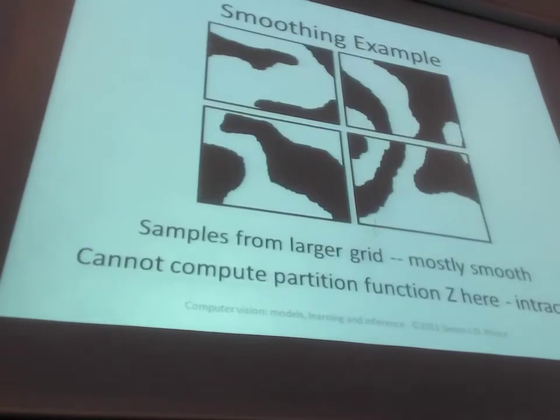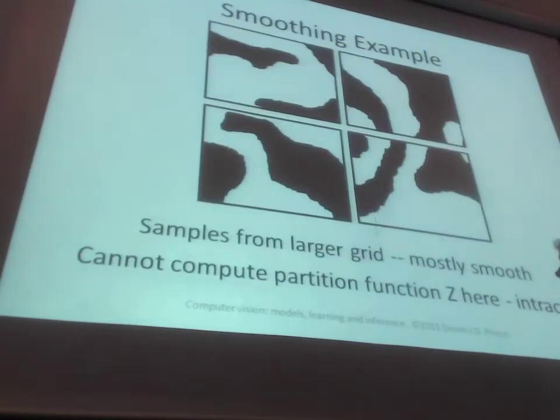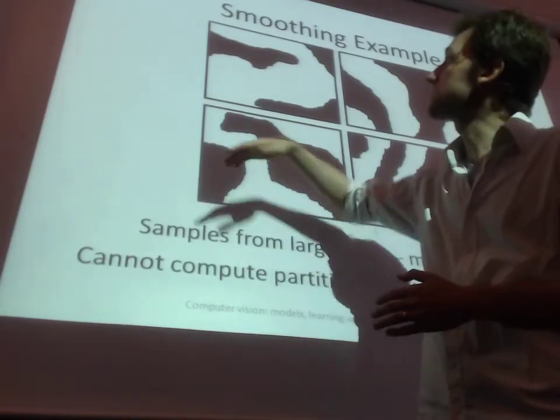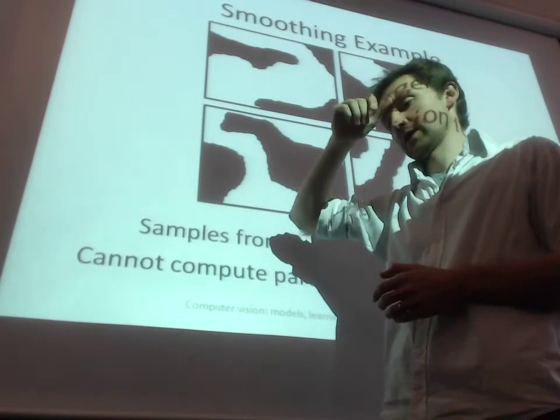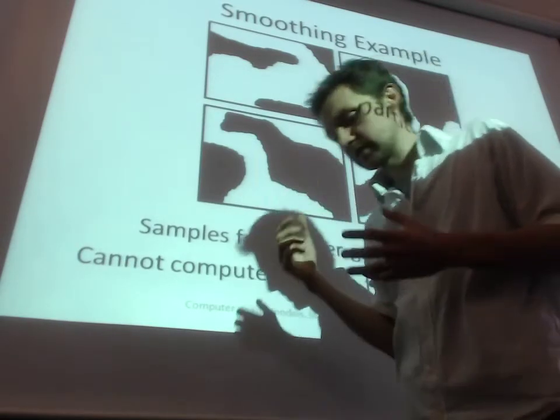All right. So if we take samples from a larger grid, that was a 2 by 2, it was 4 pixels, right? That was a 4 pixel grid. If we take some 320 by 240 grid of pixels, and we say, okay, what does that look like?